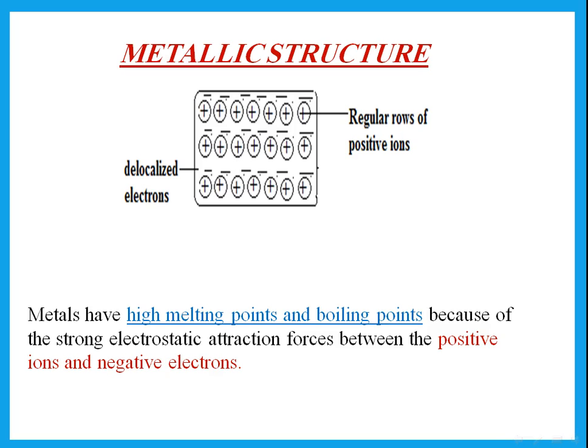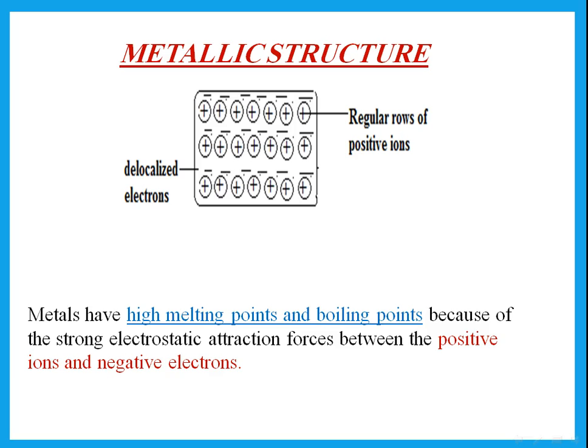Metallic structure, any metal has this kind of structure. A metal is a solid. So remember we said solids have regular rows. But then in metals, each atom has 1 or 2 or 3 electrons in its outer shell, which it doesn't really want. So actually these electrons in the outer shell for each atom are just floating around. We call them delocalized electrons.